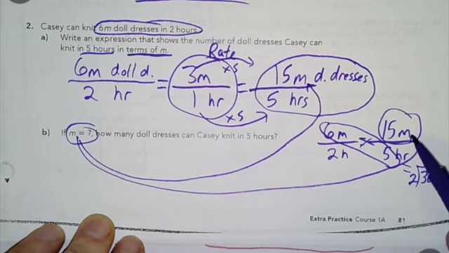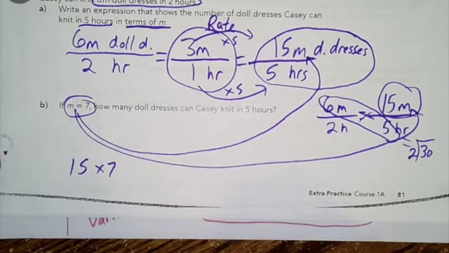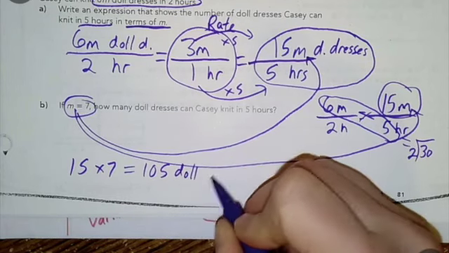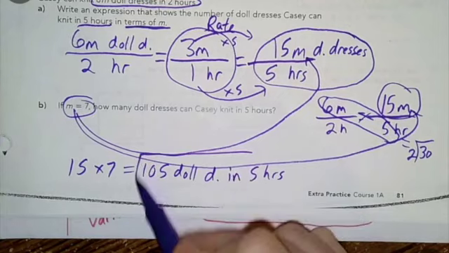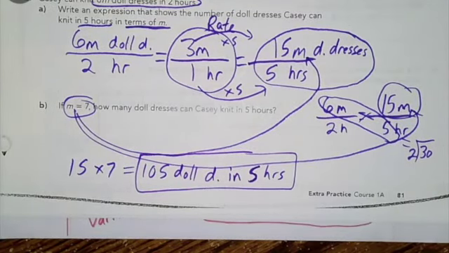I don't care which one you put it in for. 15 next to a 7. So you would need to take 15 times 7. That equals 105 doll dresses in 5 hours. So you really have to use the clues to help you when you're solving these.